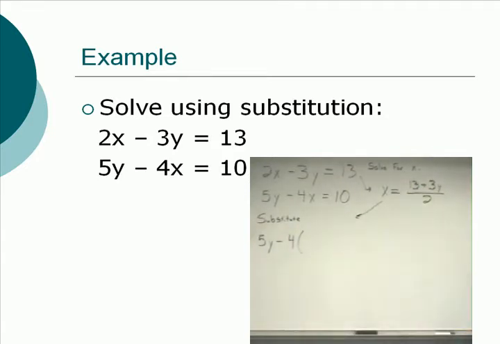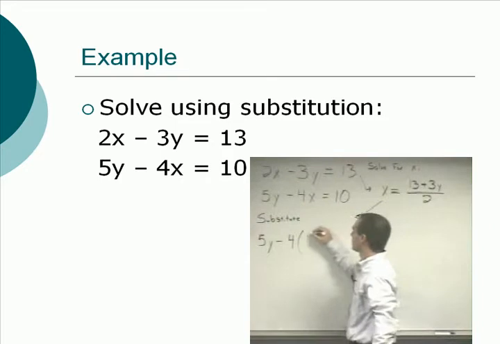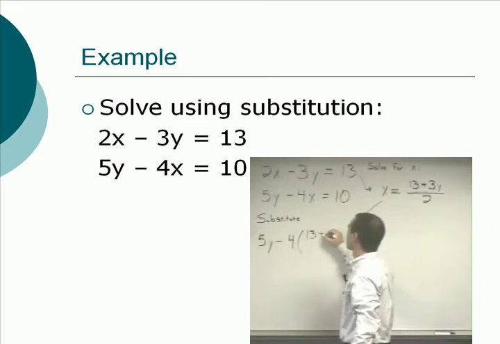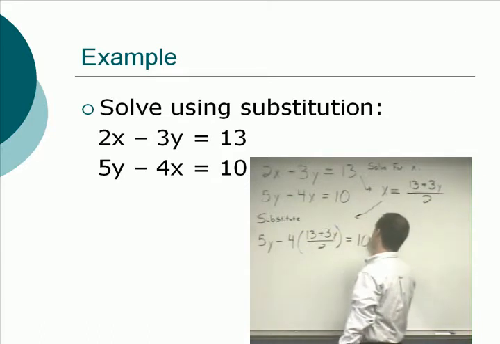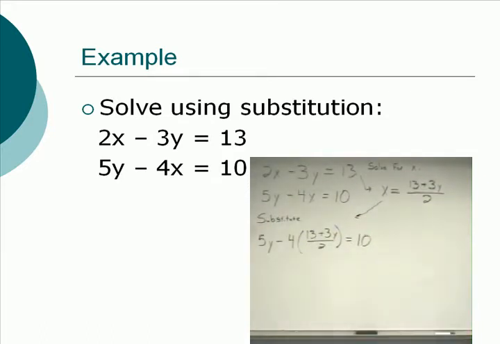We no longer have 4x, we have 4 times (13 plus 3y) over 2, equals 10. We've got an equation now with only one variable. We could solve that.